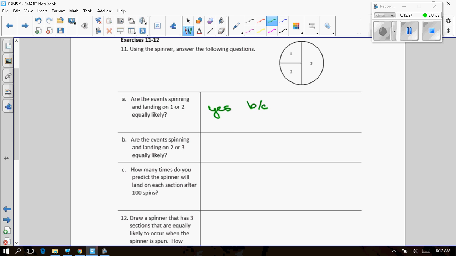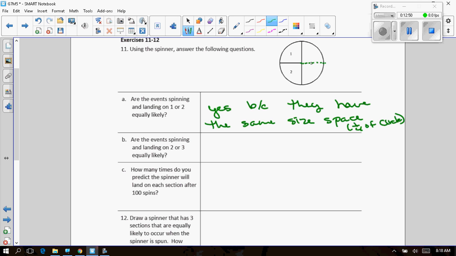They take up about 1/4 of the whole circle, if I imagine cutting that over. The same size space, 1/4 of the circle.